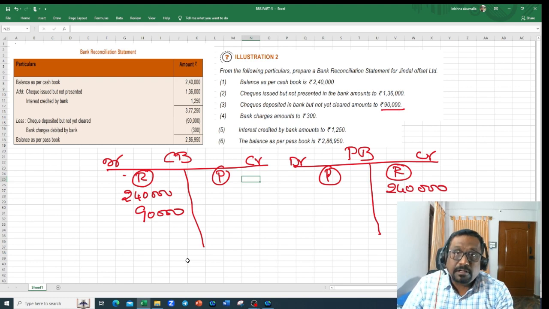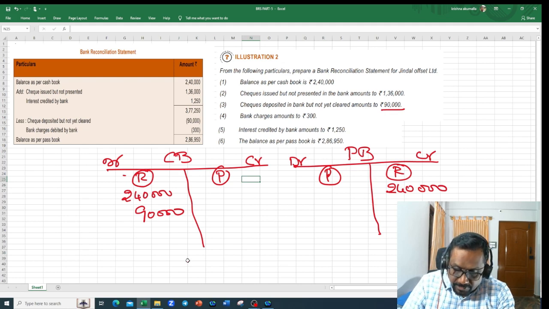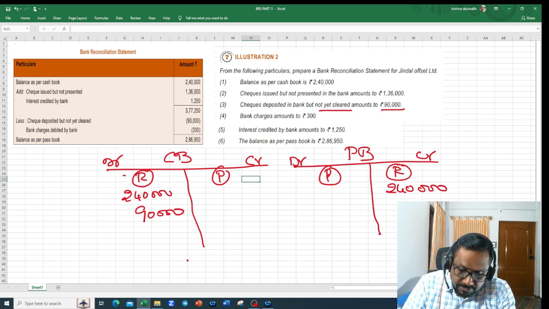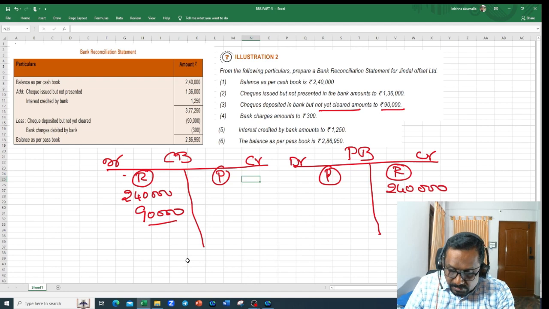But the banker did not clear. Since the banker did not clear, they wouldn't have recorded it here. If they would have collected, they would have recorded here, but they did not. That is what the problem says. They are not cleared. Since they are not cleared, but I have recorded in our books. In our business books, it has been recorded, but it was not recorded in the passbook.